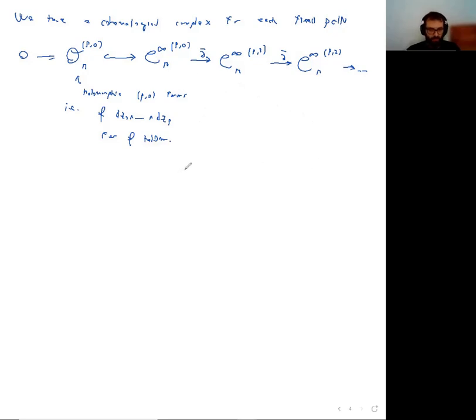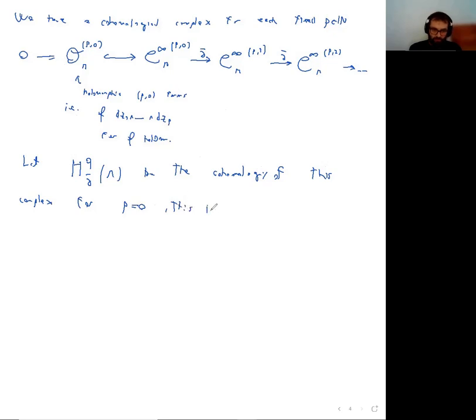So this is now a cohomological complex. And the one that is usually considered is the one for P equals 0. We call H^Q del bar of M the cohomology of this complex for P equals 0.